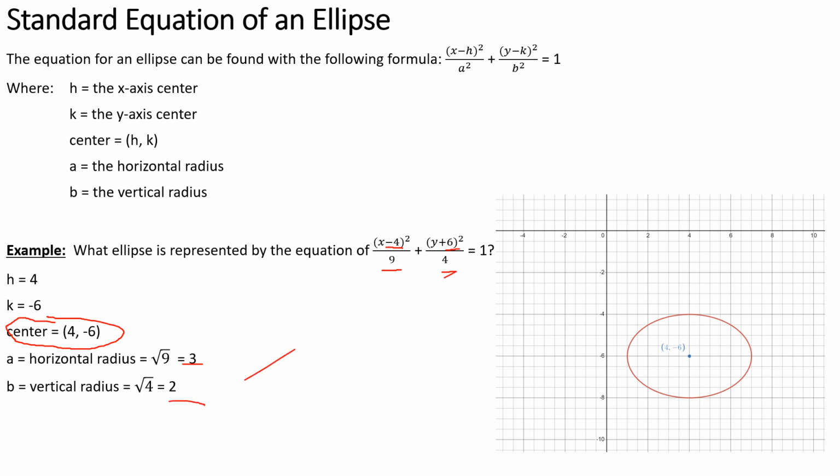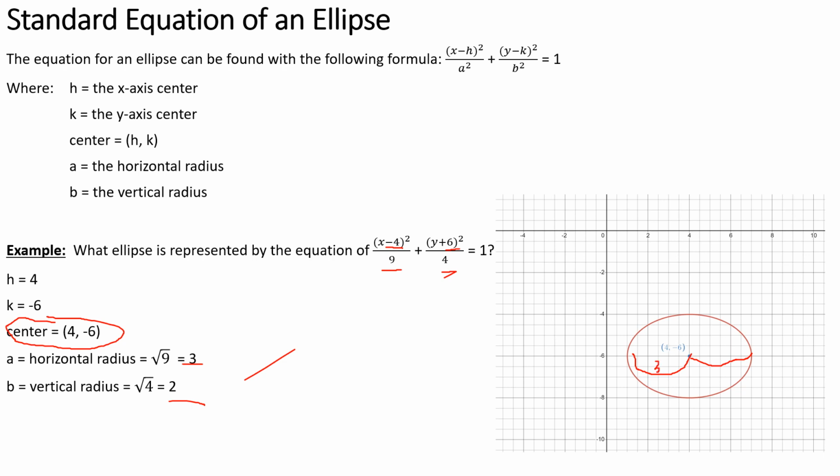And if I look at this, I actually drew this in decimals. Here's my 4, negative 6. My major axis is my horizontal axis. And if I go from 4 to 7, or from 4 to 1, that is 3. So my radius is 3.